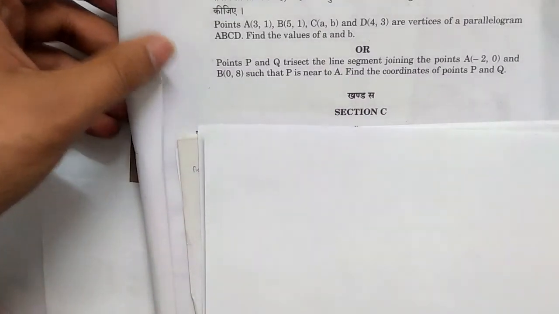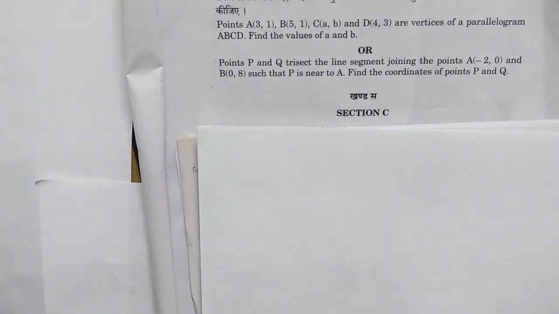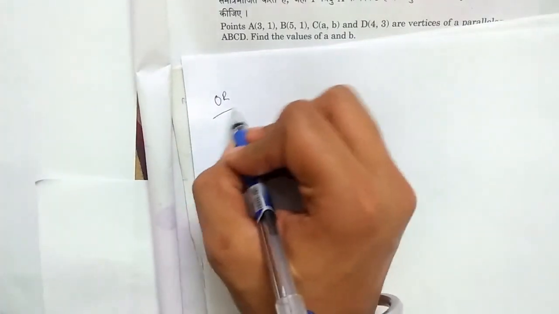So let's see the OR question of the same 12th question. The question is, points P and Q trisect the line segment joining points A (-2, 0) and B (0, 8) such that P is nearer to A. Find the coordinates of the points P and Q. This is the OR question of the 12th question.